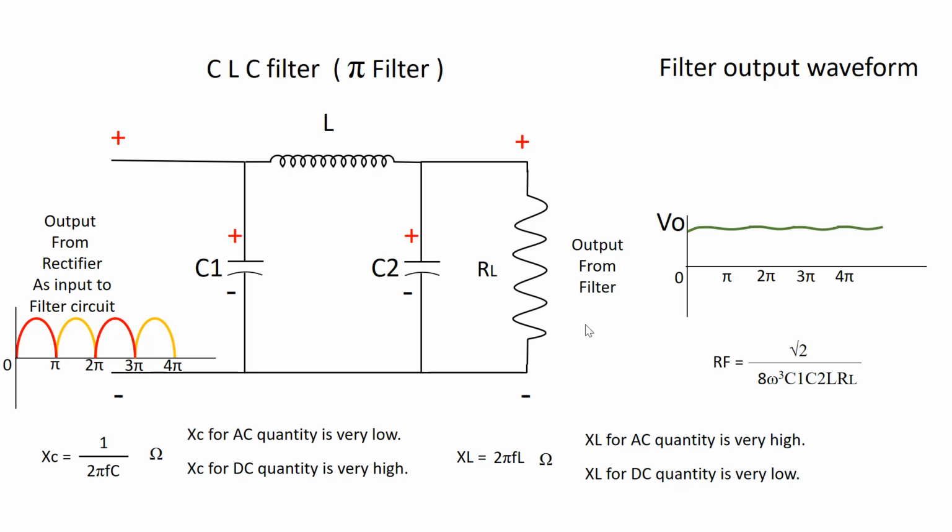From the wave diagram, it is clear that the ripples of such an output are very much improved, meaning they are very much less in magnitude. With these reduced ripples, the ripple factor of this circuit is proved to be equal to square root of 2 divided by 8 omega cube C1 C2 L into RL.